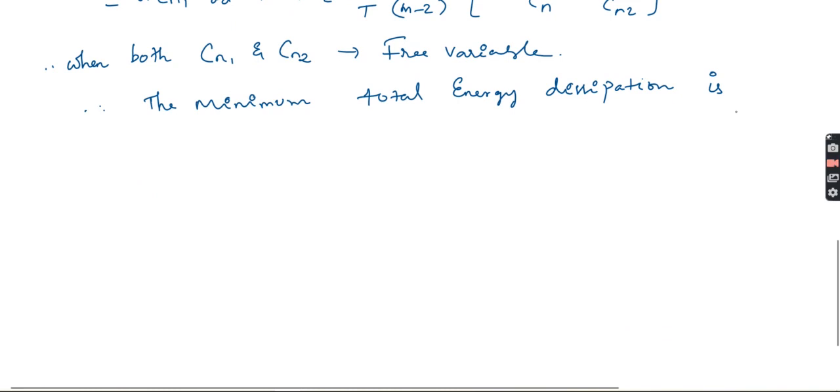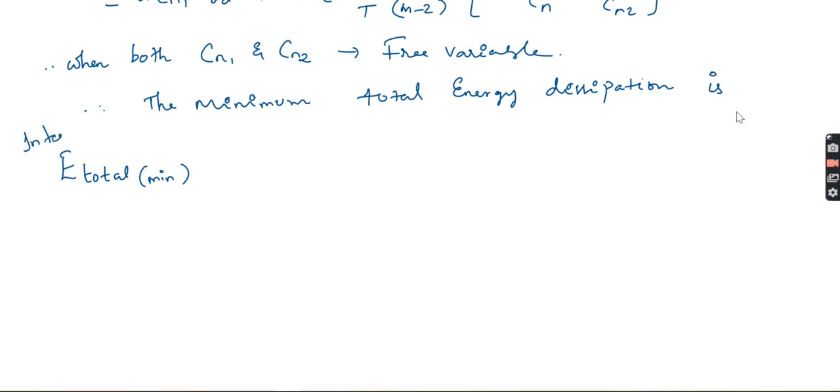Now we have to write in terms of VDD and in terms of VTH. So let us say E total minimum, in terms of VDD.